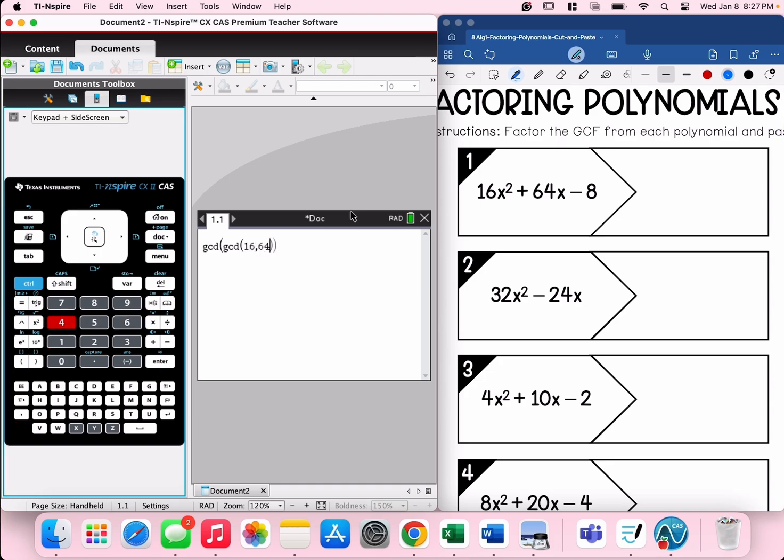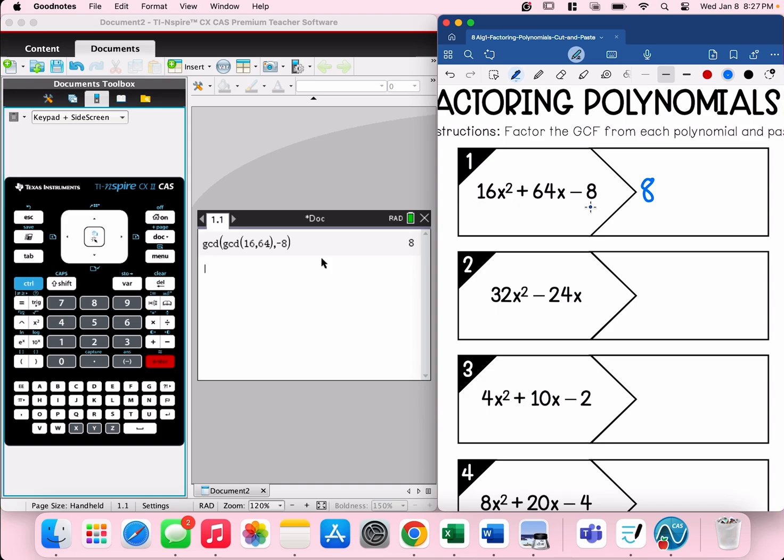I still need the third coefficient, so I'm going to close my parentheses and put comma, negative 8. When I press enter, I get back 8. So 8 is the highest number that goes into all 3 of my terms.